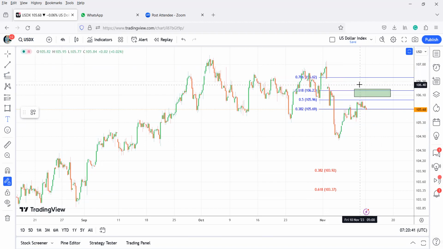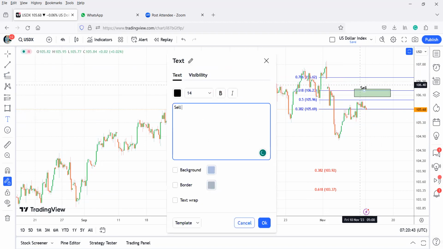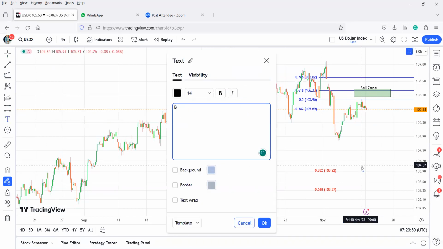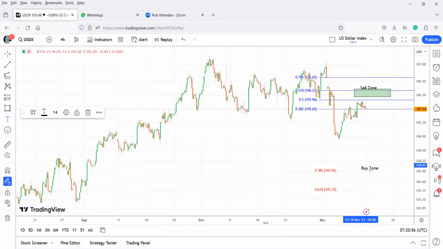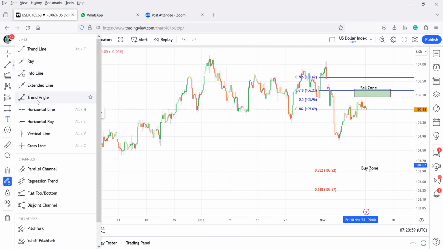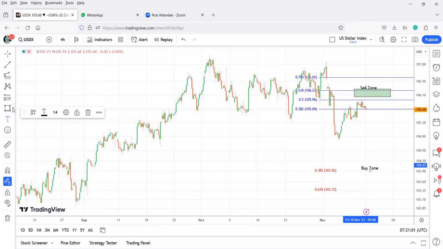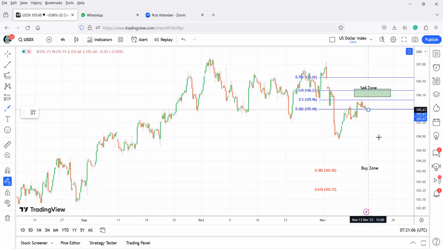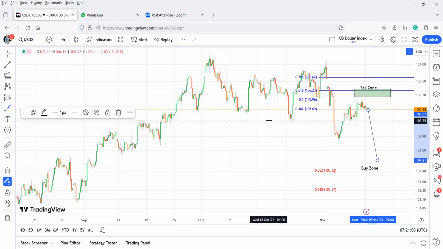So here, this is your sell zone, and here you get the buy zones. Buy zone is around the 104 mark. All right, so that is the projected movement for the dollar index.